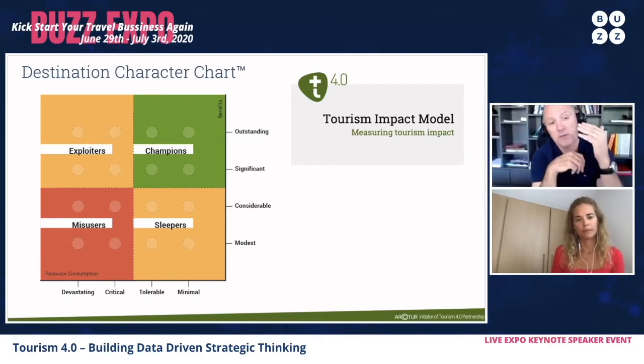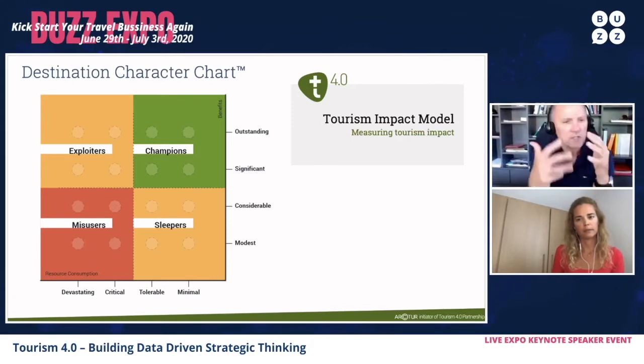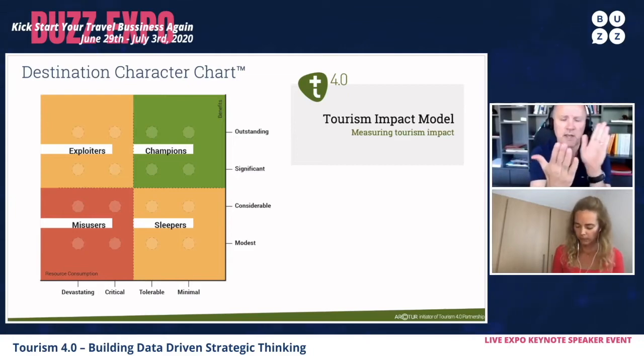And of course, we have 2 other locations, which are exploiters and sleepers. Sleepers have small input, small output, and exploiters, it doesn't matter how much it costs, but we will make money. So this is approximately the final chart, which you will get on the first page of the report.